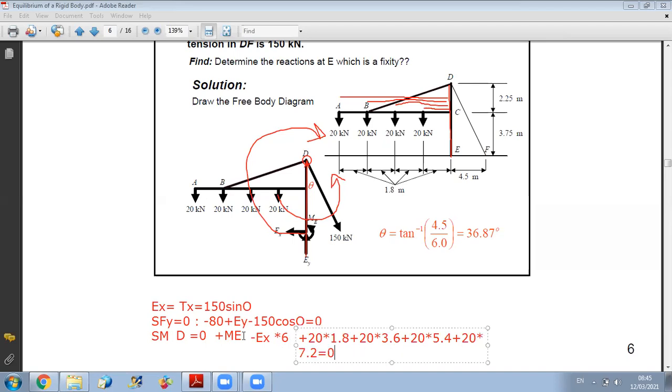The only unknown in this equation is the moment about E. I get its value. So in this way I have calculated the 3 reactions at E.